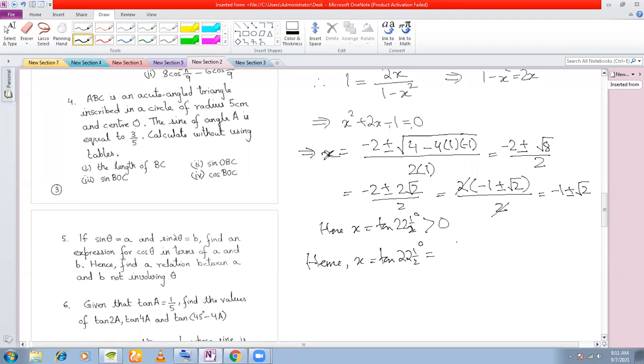Minus 1 plus or minus root 2? We choose the positive sign. So you get root 2 minus 1. Choosing positive sign. Okay. That's it. That's the value of tan 22.5. If you have any question, otherwise we can move to the next question.